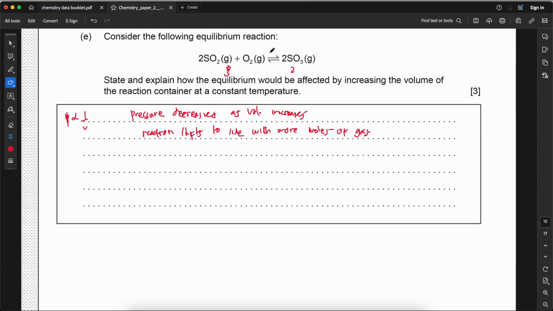So shift to the left if the pressure decreases. If pressure increases, it will shift to the side with fewer moles of gas. So the reaction shifts left.